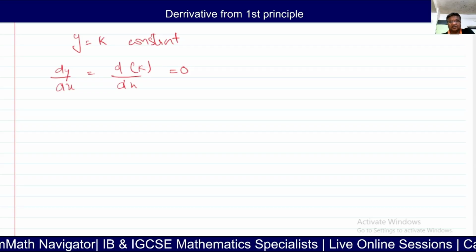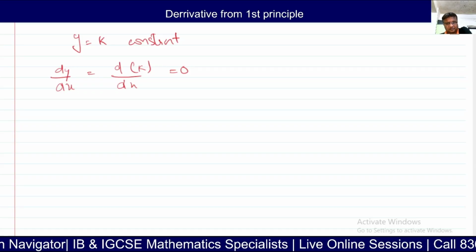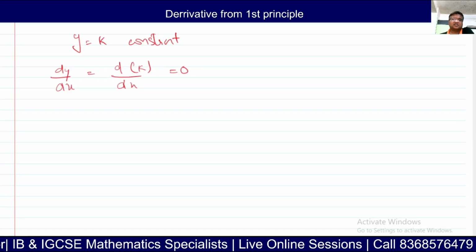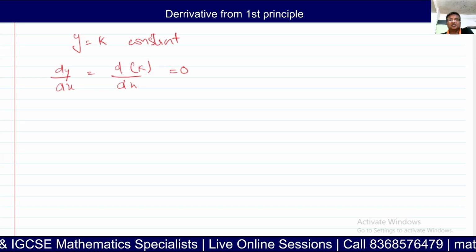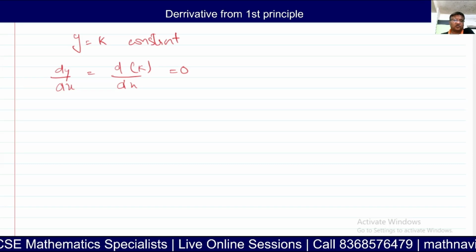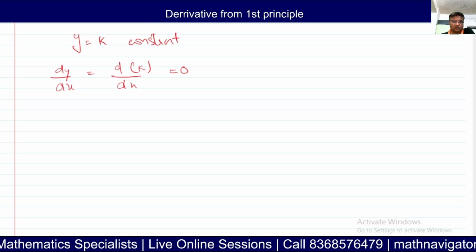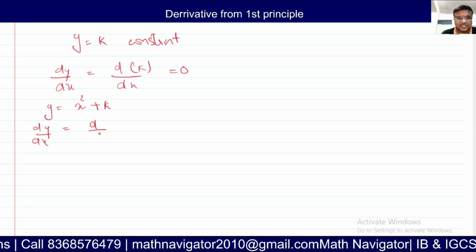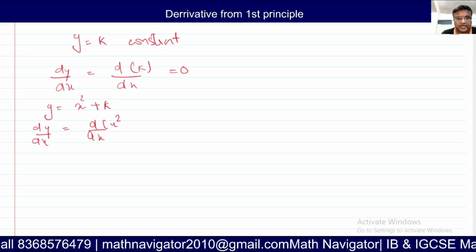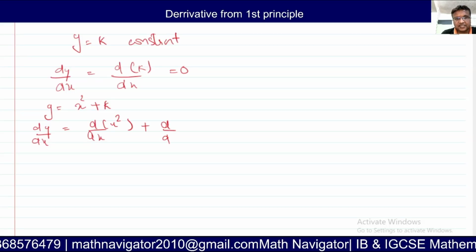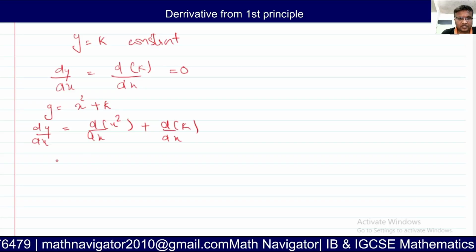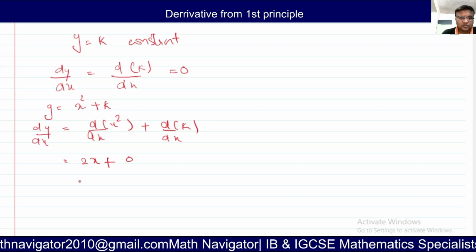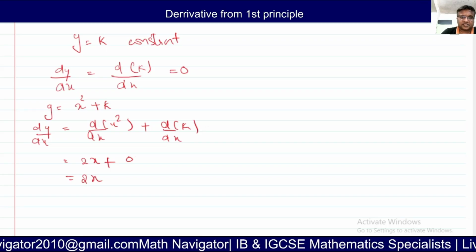That the differentiation of a constant is 0. What do we mean when we are saying this? This means there is no change. So differentiation of a constant is 0. If I want to find dy by dx, this is like d by dx of x squared plus d by dx of k. This will give me 2x plus 0. So my answer is 2x.